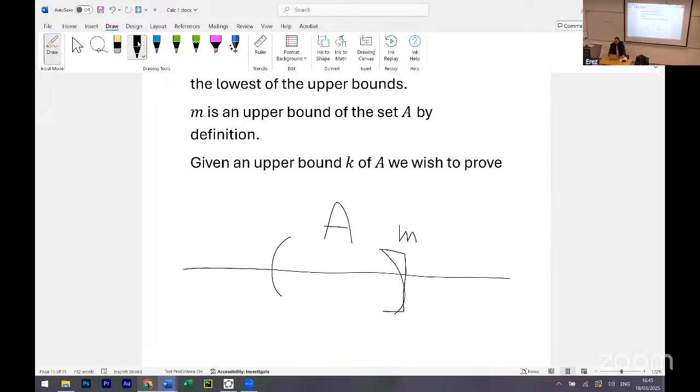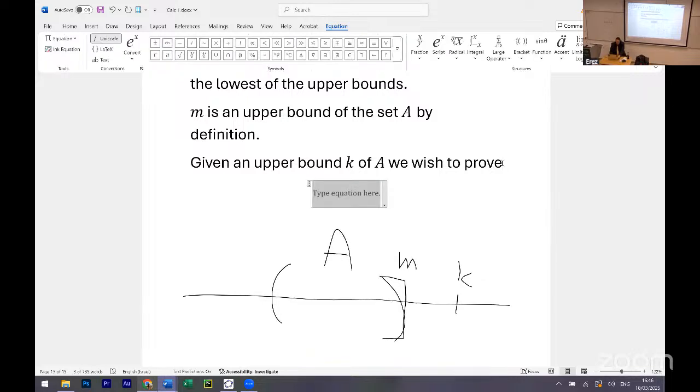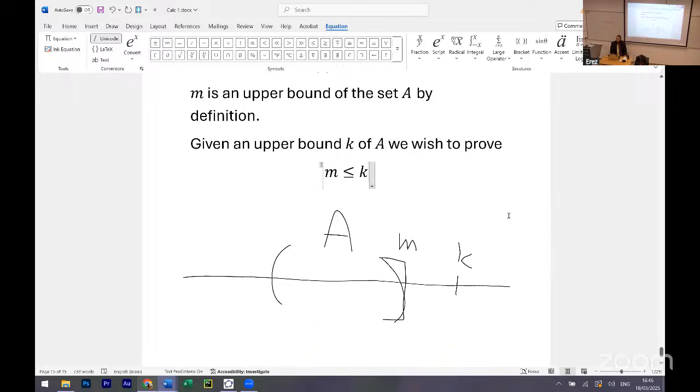It's supposed to be to the right, about here, right? But M is supposed to be the lowest of all upper bounds. So what do we expect the relation between K and M to be? K to be bigger than M, M to be lower or equal to K. Agreed? So that's what we need to prove, and then we prove that it's the lowest upper bound, meaning the supremum. Who here has any idea why M is less than or equal to K?